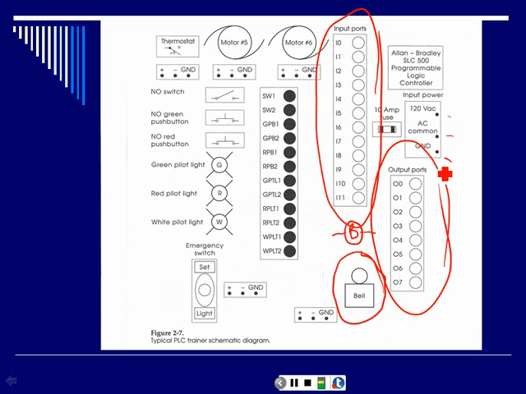If I'm only running one motor, I'm always going to have more because I'm going to have a stop and a start. But now if I use that stop and start to start more than one output, I've got to have a stop, I got to have a start. If I have a temperature switch, if I have anything else that I might need on there, every one of those gets its own input place.